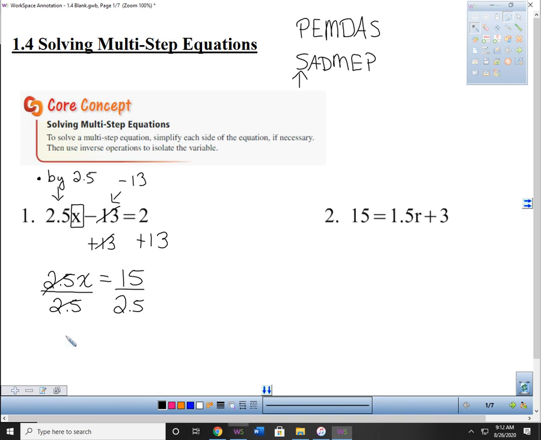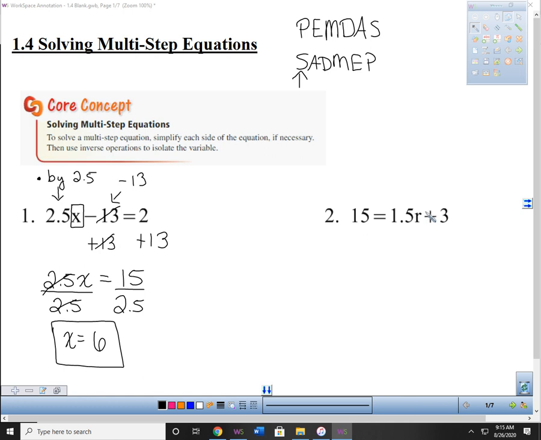So those two cancel, and x is equal to 15 divided by 2.5, which is 6. And then if I wanted to check myself, all I have to do is say 2.5 times 6 minus 13 and see if that is equal to 2. Okay.